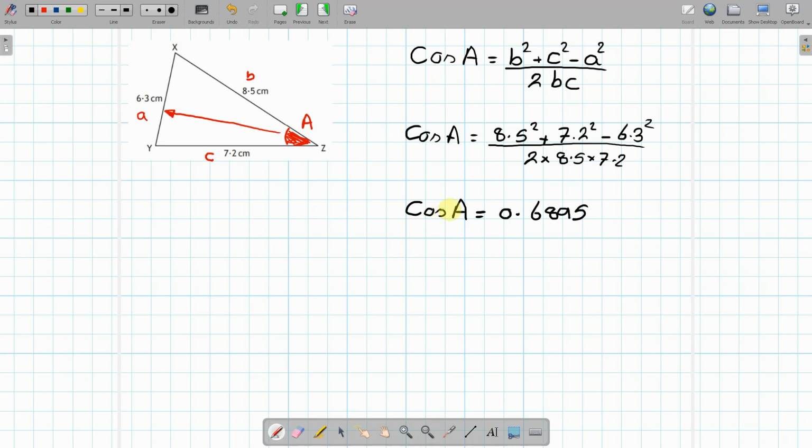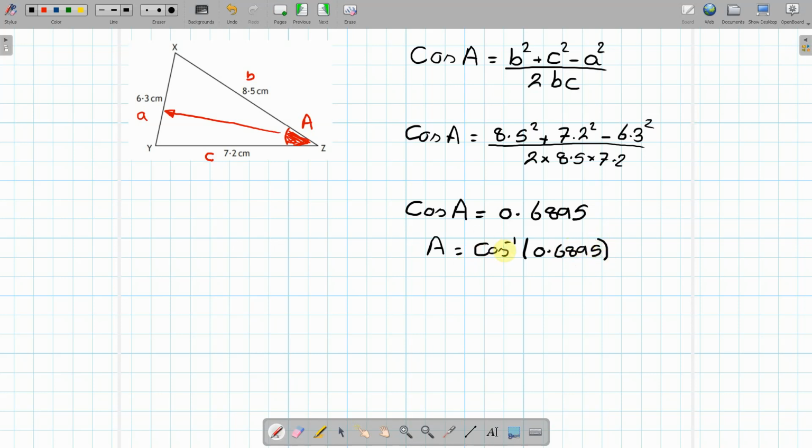Now we need to get rid of the cos from this side. With any trig equation, you can't just take this over as a divider because this is multiplying the A. So you have to take it across as inverse cos, which is written as cos to the minus 1 of the 0.6895.